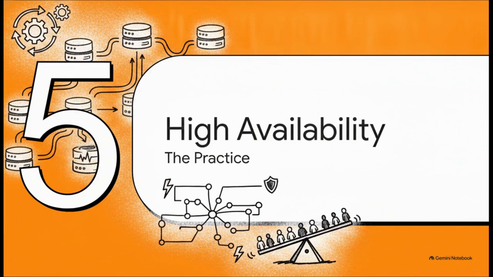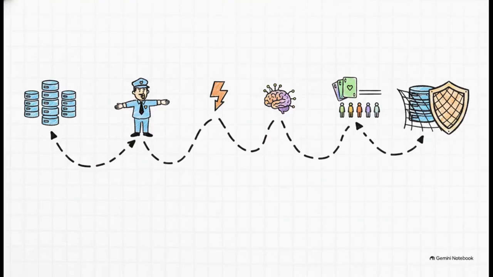Let's tie it all together in section 5, designing high availability, the practice. So, when you're gearing up to build your next highly available application, this is your ultimate playbook. First up, deploy multiple servers so you can handle both your baseline and your crazy peak loads. Second, implement a load balancer to act as your primary traffic controller.